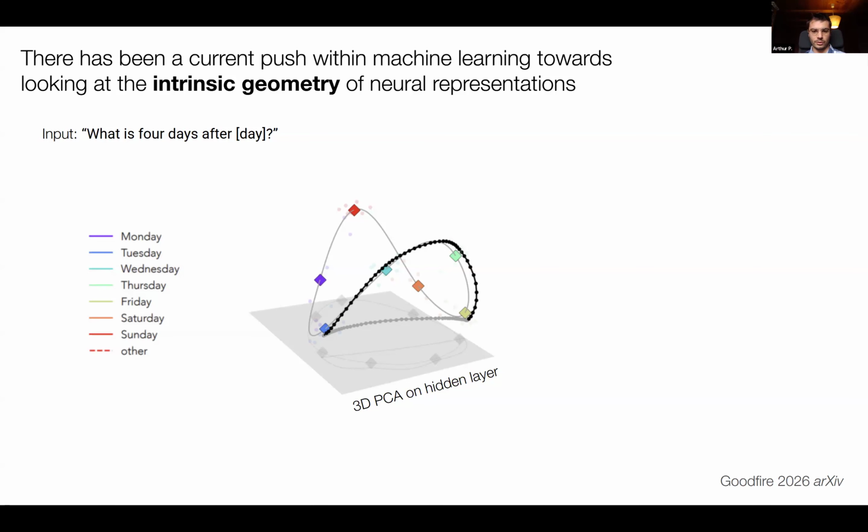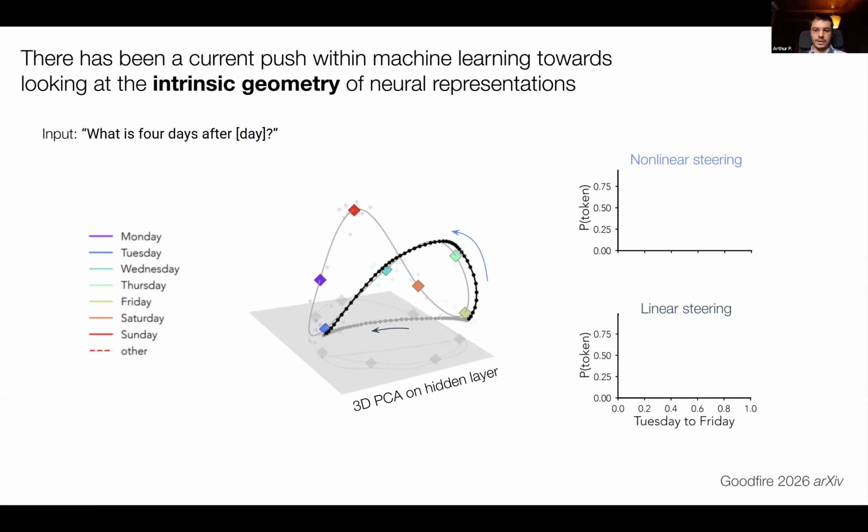So they took one of those black points, and from this activation ran the rest of the LLM and looked at the output of the LLM. And in particular, they did that in two ways. They did this manipulation along the manifold, or extrinsically by just doing this linear interpolation between two activations.